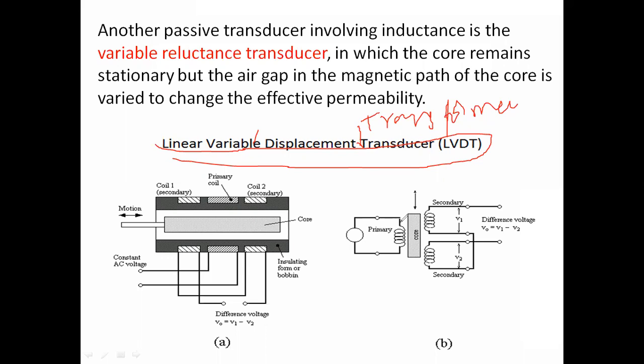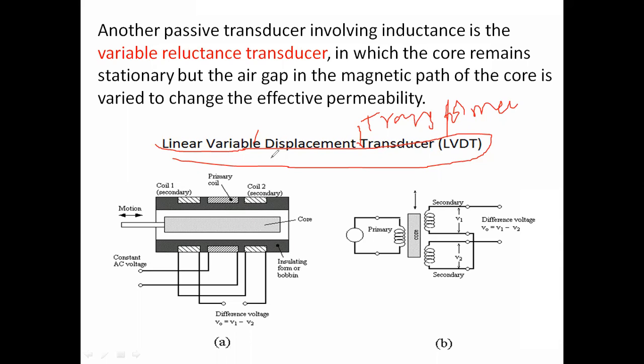So here we have shown the construction details of the LVDT, the linear variable differential transformer transducer. It is mainly used for the measurement of displacement.